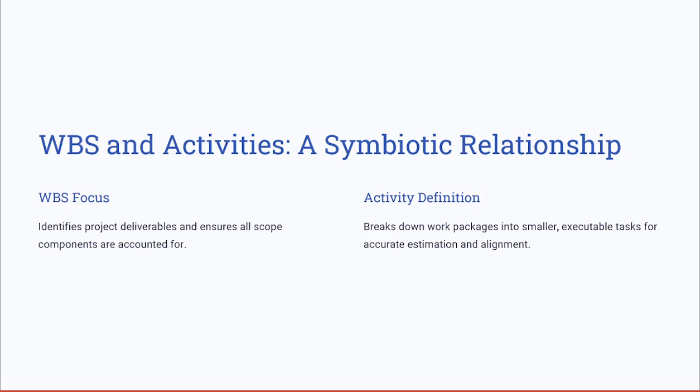For instance, if the WBS includes develop a website, the activity definition would identify tasks like design homepage, code login functionality, and test user experience. This breakdown is essential for estimating time, resources, and budgets accurately, and for ensuring that all the work aligns with the project objectives.